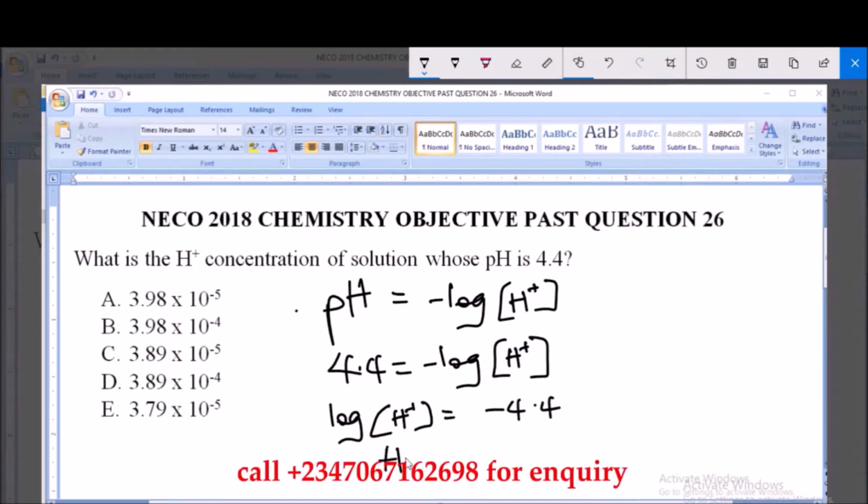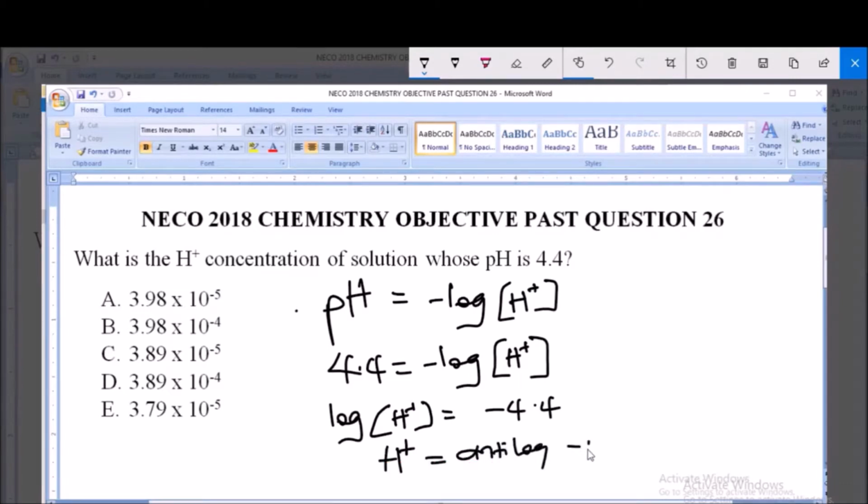Now to get the hydrogen ion concentration, it is equal to the antilog of minus 4.4, and this is equal to 3.98 times 10 raised to the power minus 5, and this is option A. So option A is the hydrogen ion concentration of the solution with pH 4.4.